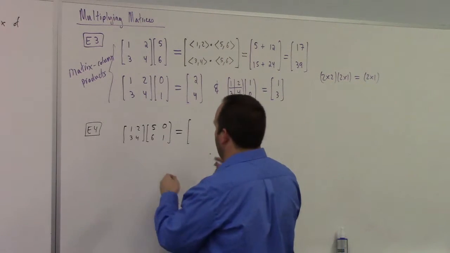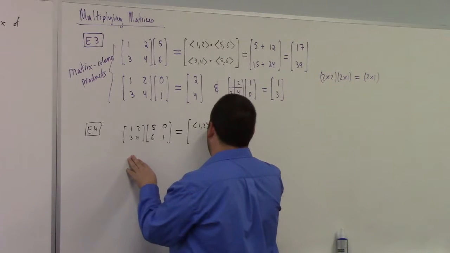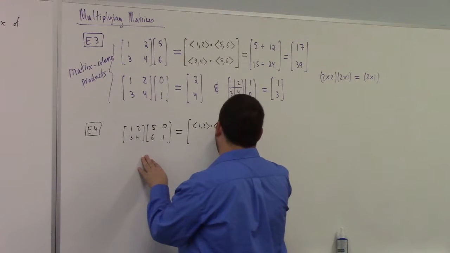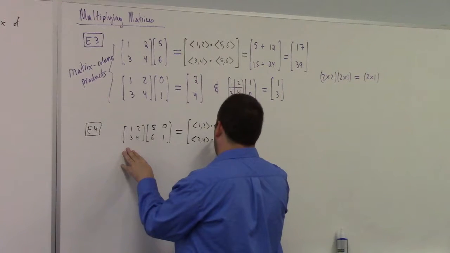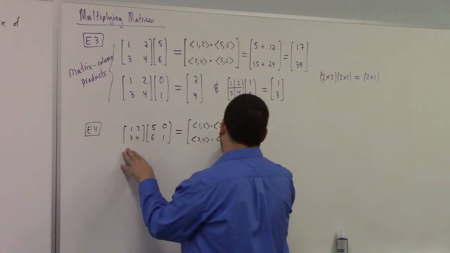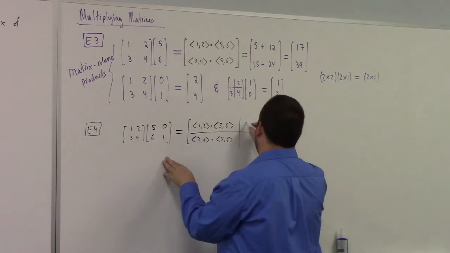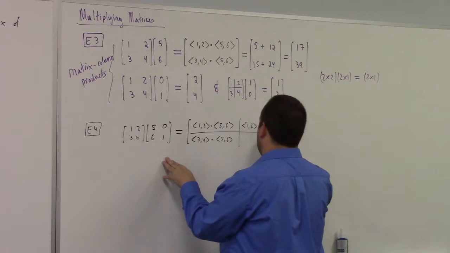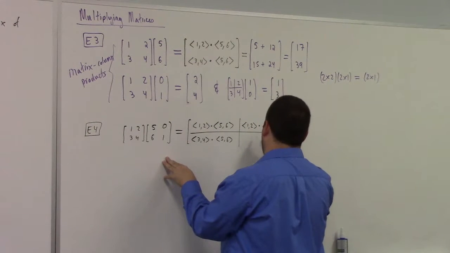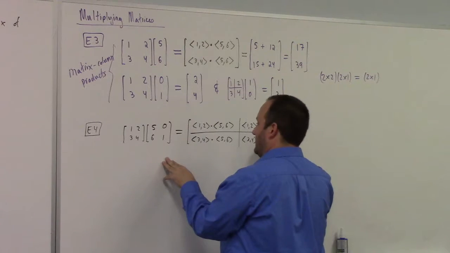So the way this works, and I'm going to write this out: you have 1, 2 dotted with 5, 6. This one gives us 3, 4 dotted with 5, 6. Then 1, 2 dotted with 0, 1. And 3, 4 dotted with 0, 1.